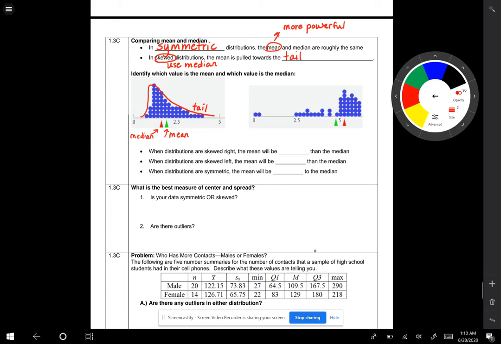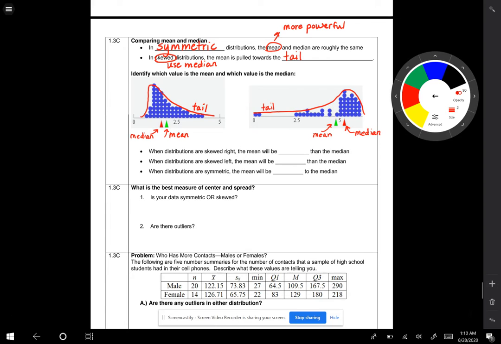For the second graph, the tail is to the left and the mean is pulled towards the left. So the mean again is the green triangle. Its value is less than the median, which is the right triangle.